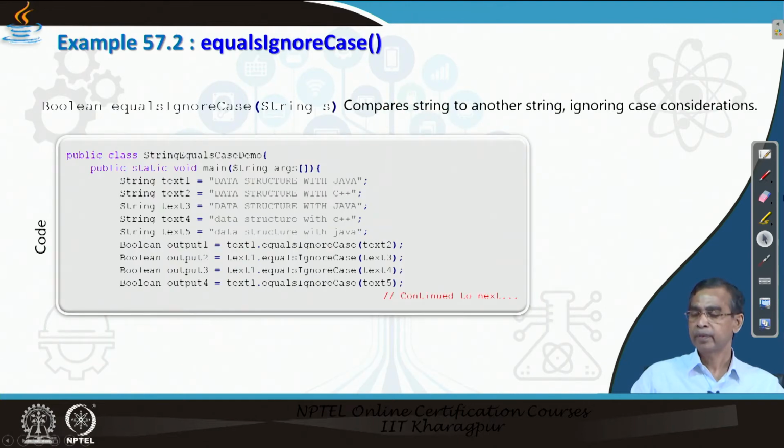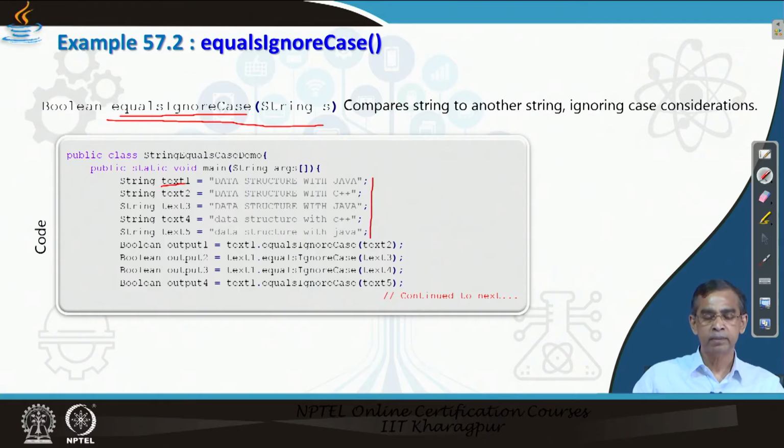Now, here is another program. We will compare, but while comparing we will ignore cases. So, this is the equals method with the additional feature of ignoring case. Here we create a few objects for our testing purpose, and then we call the equalsIgnoreCase method in different ways.